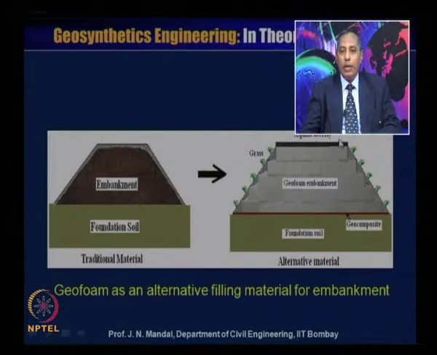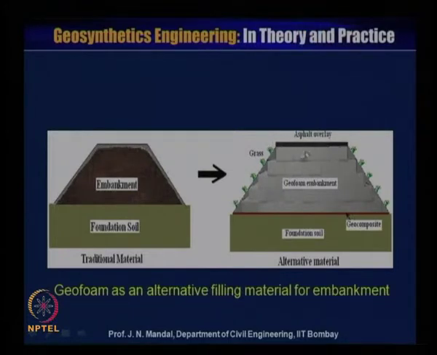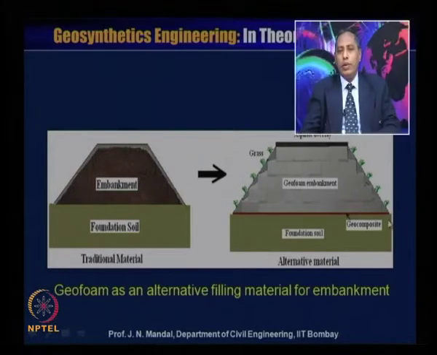Here geofoam material will act as a filling material, and on the top of this you can provide an asphalt overlay or you can concretize also. At the side of the embankment slope you can fill with soil and grass can grow, so it is environmentally friendly and gives a greener structure.